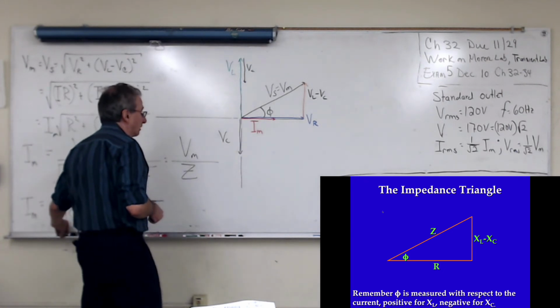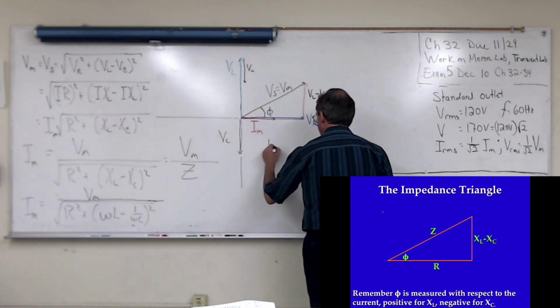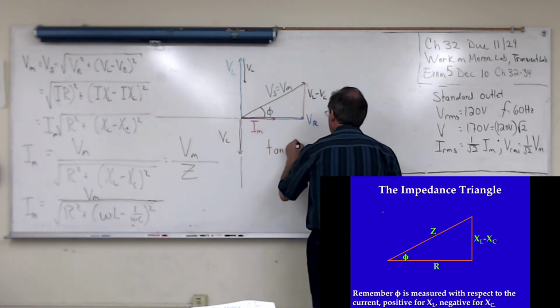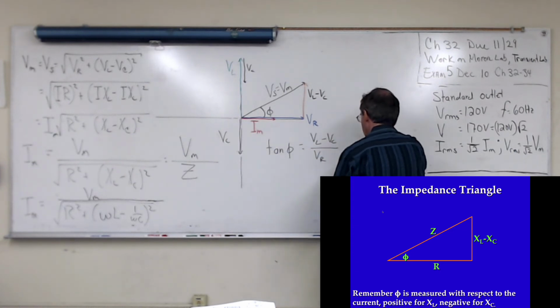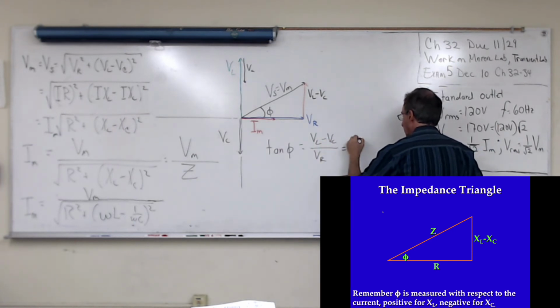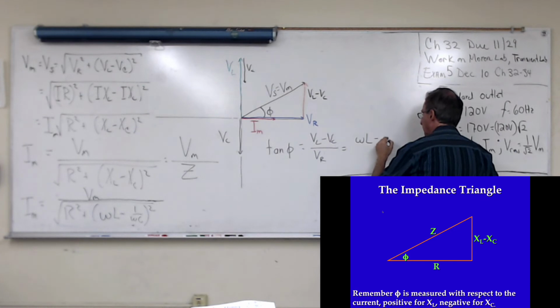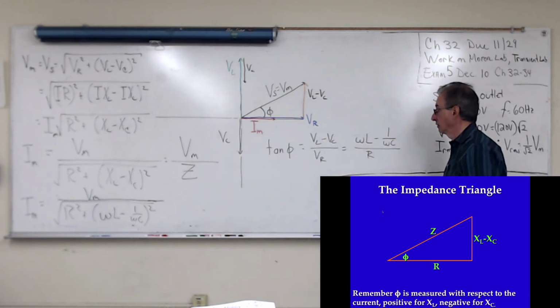For example, tangent of phi is opposite over adjacent. These all have an I in common, and I can factor it out. I can write it like that.